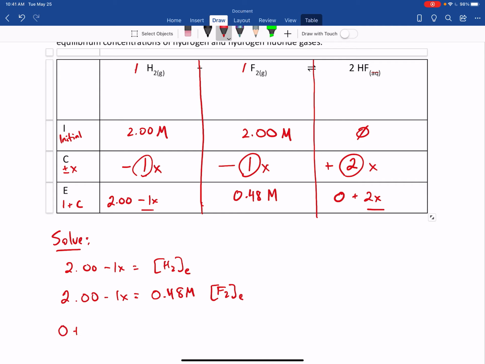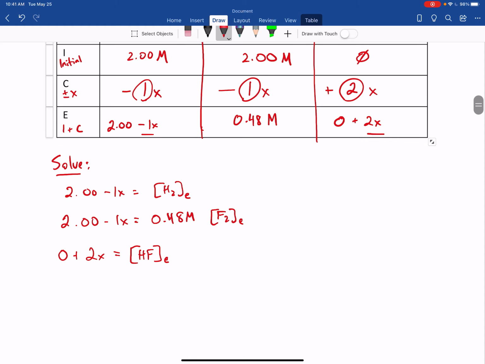And then we're told 0 plus 2x, we don't know what the value is, but it's equal to the concentration of hydrogen fluoride at equilibrium. So if we look there, we can solve this statement here. And once we know what x is, that's the value for all of the changes. So we can solve for here. So we'll solve x, and we're going to use a complete column.